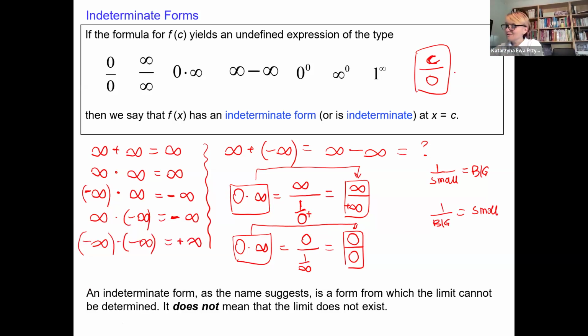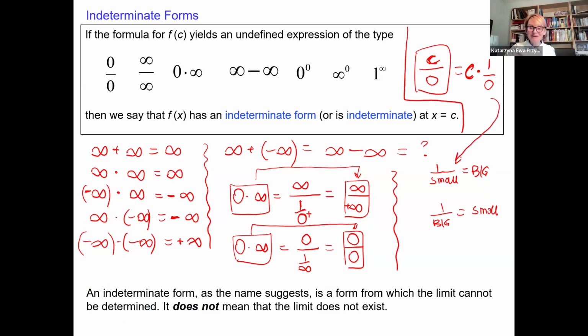But let's look at this one. I can rewrite it as a constant times 1 over 0. Do you see 1 over a small number? 1 over a small number is a big number, and that means this is big.